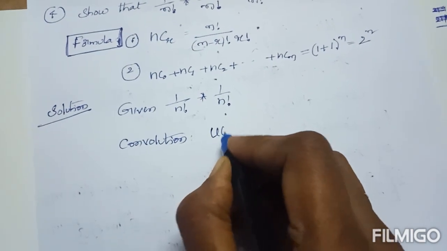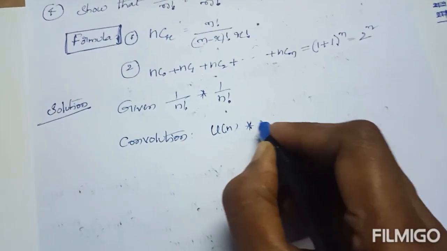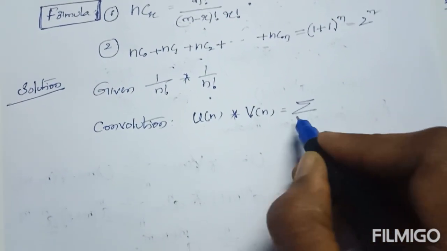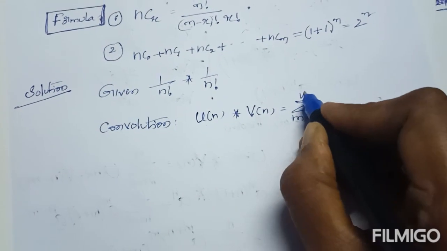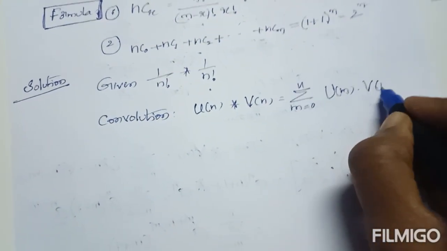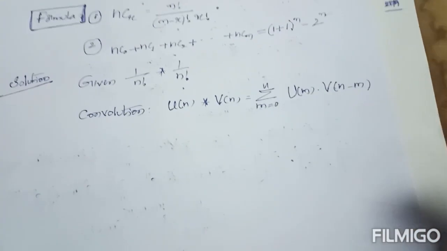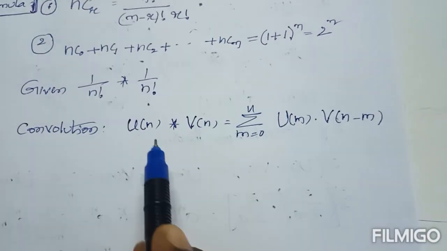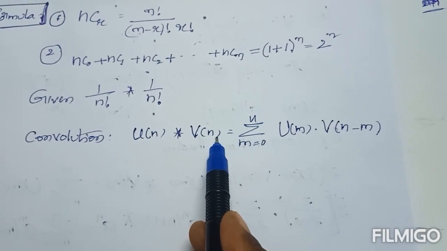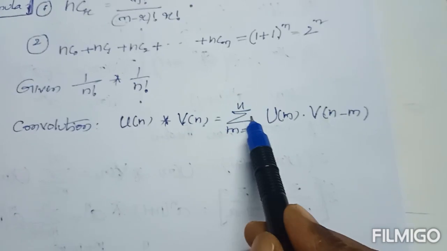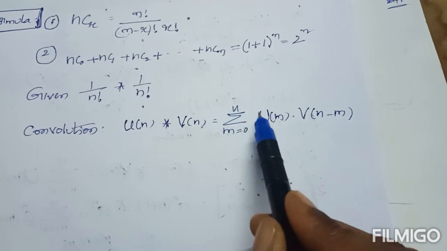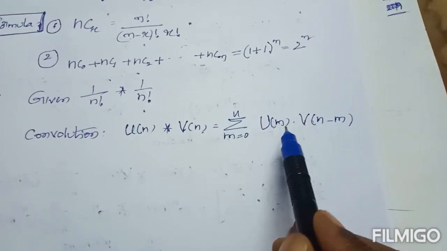Since the present problem has a star, our statement can be written as u of n star v of n equals summation of m equal to 0 to n, u of m, v of n minus m. According to the statement of the convolution theorem, the star expansion is summation of m equal to 0 to n, where in the first place n is m and in the second place n is n minus m.